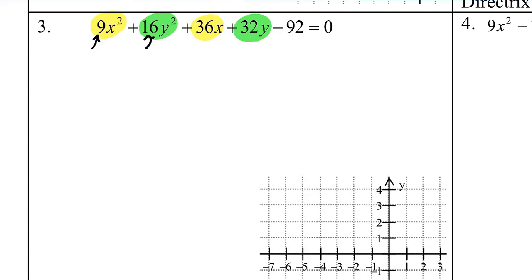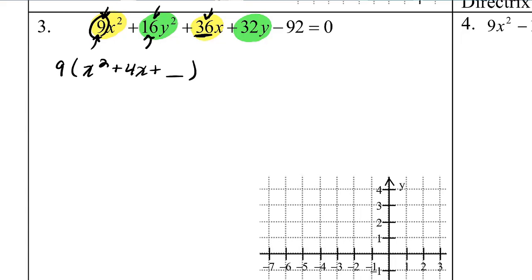So we're going to have to factor a 9 out of both of those x terms. If we do that, that would be a 9, and we're left with x squared + 4x + blank. Again, I took a 9 out of this term and that term. 36 divided by 9 is 4.